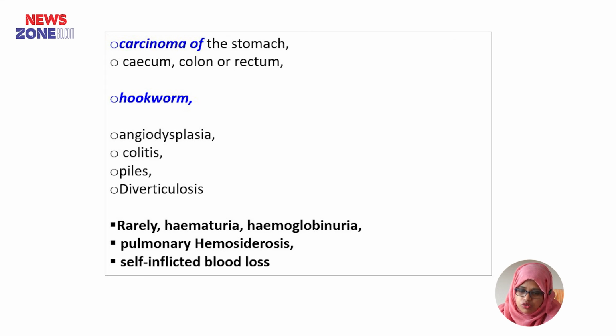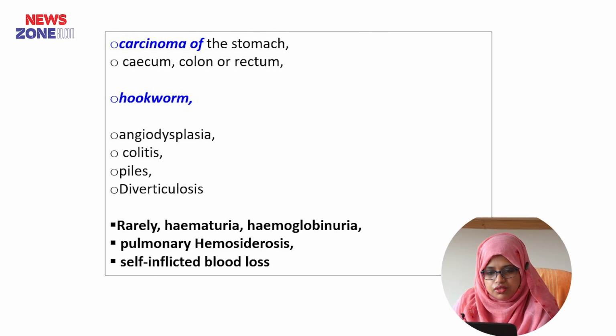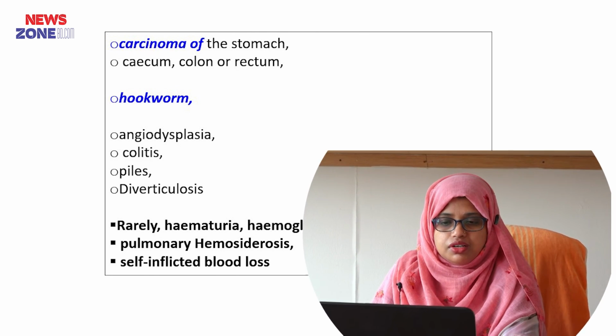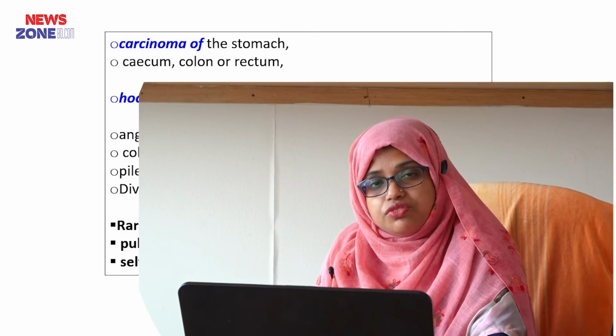It also occurs due to angiodysplasia, colitis, piles, diverticulosis, and rarely hematuria, hemoglobinuria, pulmonary hemosiderosis, and self-inflicted blood loss. That is all about the causes of iron deficiency anemia in our body.